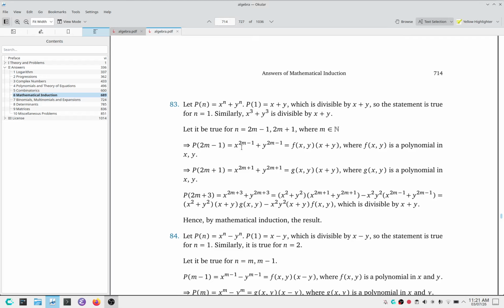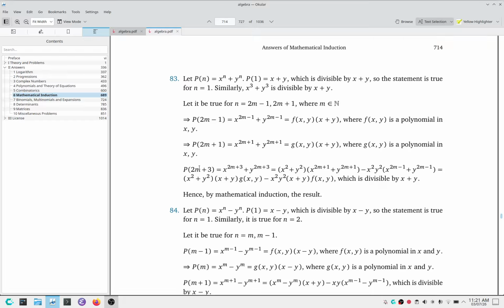So we get x raised to the power 2m minus 1 plus y raised to the power 2m minus 1 is equal to f of x, y times x plus y, where f of x, y is a polynomial in x and y. And then for 2m plus 1, we take it as g of x, y times x plus y.